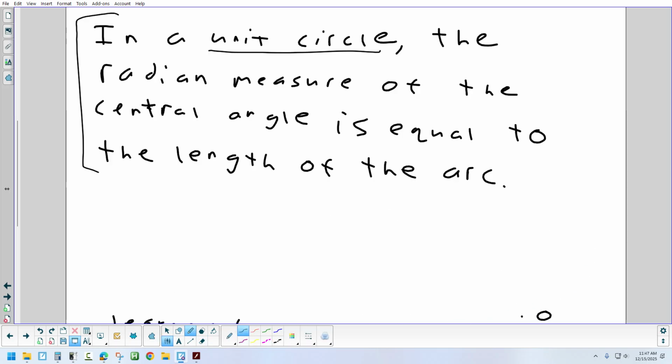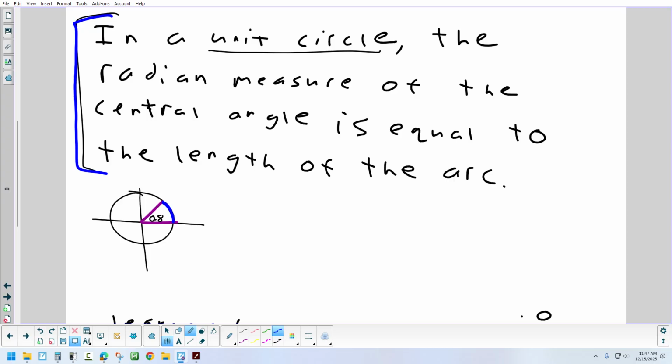Okay, let's draw an example. Let's say that that's a unit circle, and I draw an angle inside it, like that. And I tell you that that angle is 0.8 radians. How big would this arc be based on this sentence right here? The angle is 0.8 radians. 0.8.